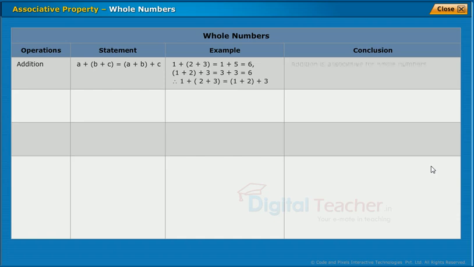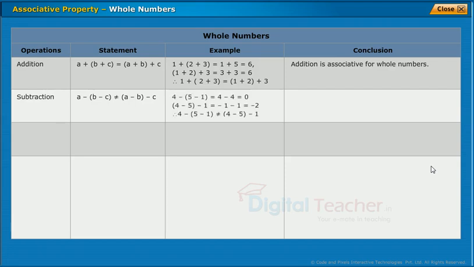It concludes that addition is associative for whole numbers. Under subtraction, it states that the difference of three whole numbers is not the same if the order in which they are subtracted is changed. For example, 4 minus (5 minus 1) is not the same as (4 minus 5) minus 1. It concludes that subtraction is not associative for whole numbers.